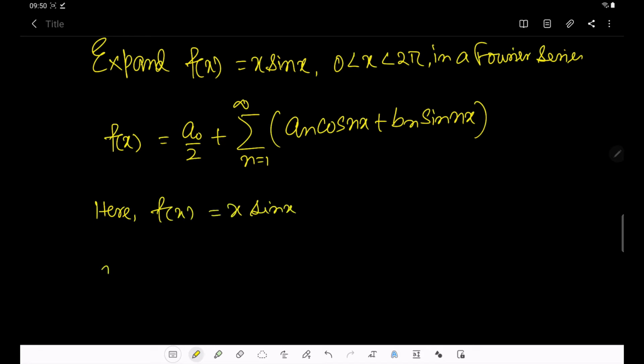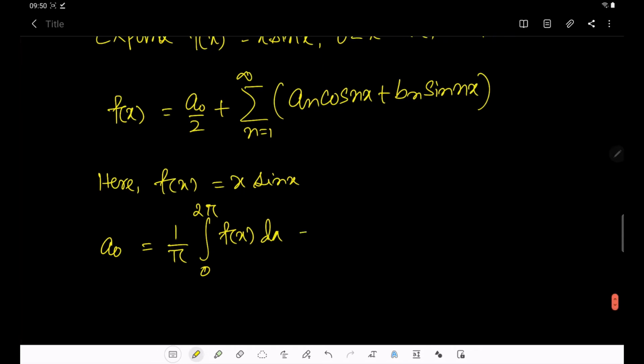Now let's find a0, which is given as a0 = (1/π) times the integral from 0 to 2π of f(x) dx, which is the integral from 0 to 2π of x sin x.